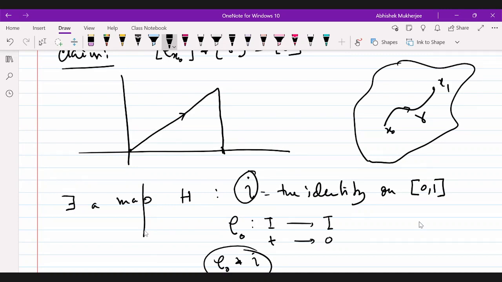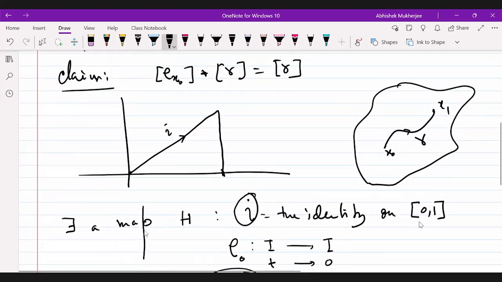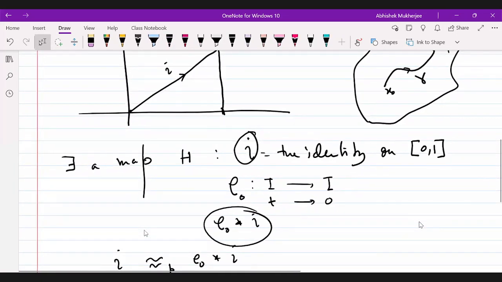So this is your I. And if you want to consider this E naught star I, then what will happen? You need to divide the closed interval 0, 1 into two equal parts by means of the point half. So up to this one, this is your E naught.